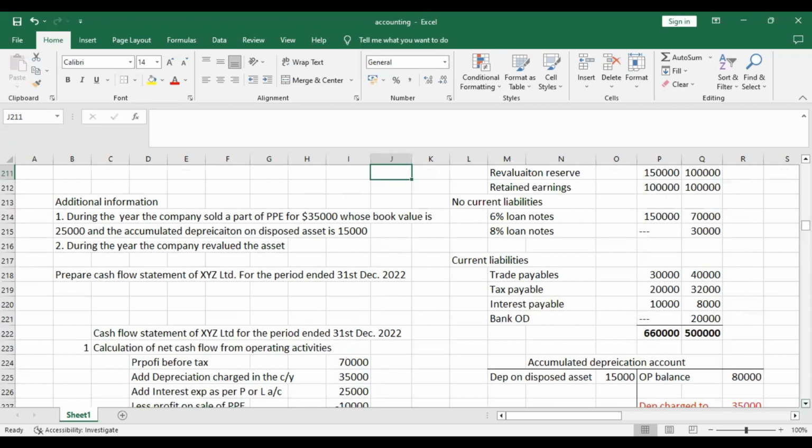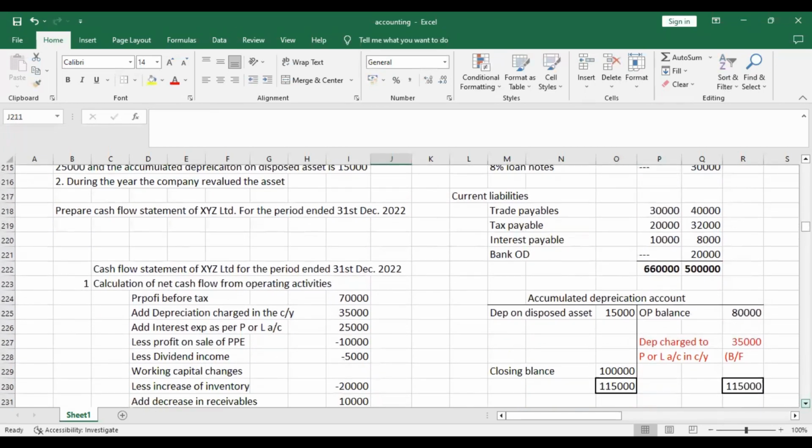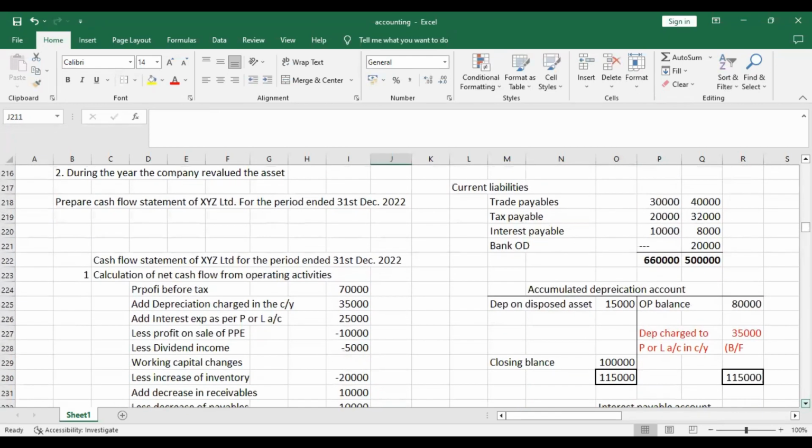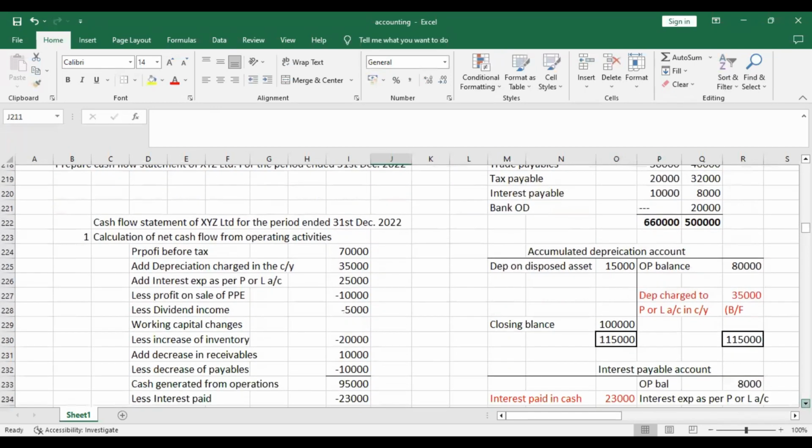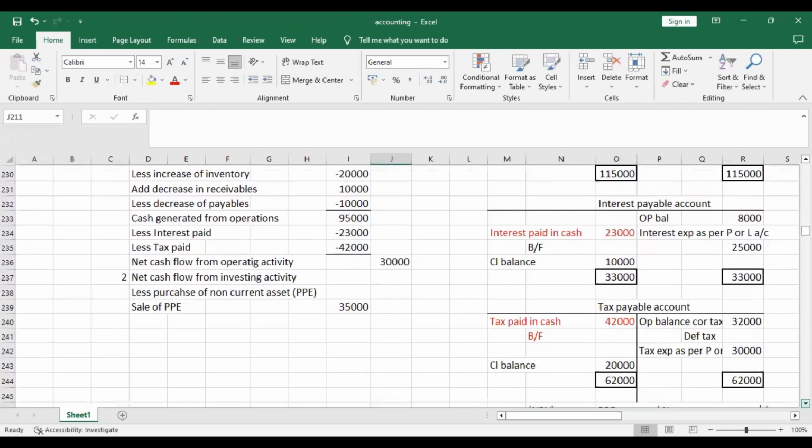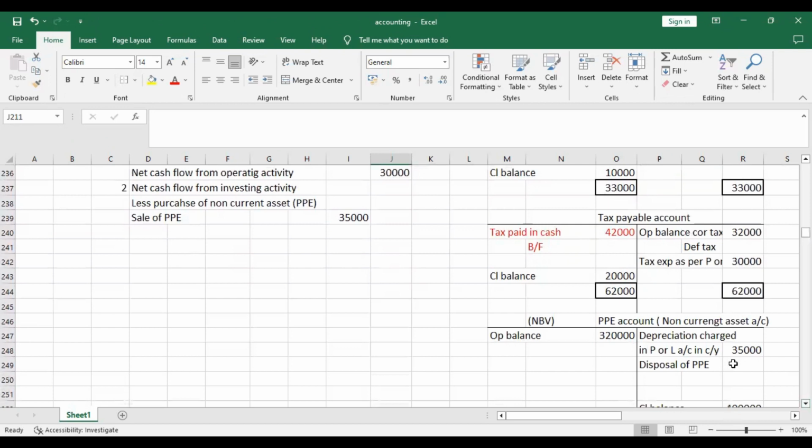So the 25,000 book value asset is sold for 35,000, making a profit of 10,000. Are you clear? So you have to reduce 25,000 when you prepare the PPE account. In case you take the 35,000 actual sale value, then you have to show profit on sale of asset on the debit side. That is one thing you need to keep in mind.